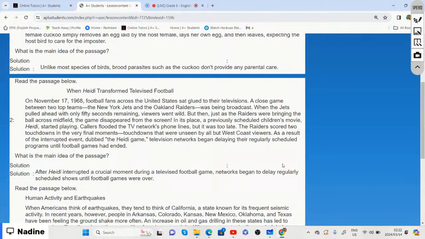Because Heidi came up. So if we were to select the main idea, we would say, after Heidi interrupted a crucial moment during a television football game, networks began to delay regularly scheduled shows until football games were over.